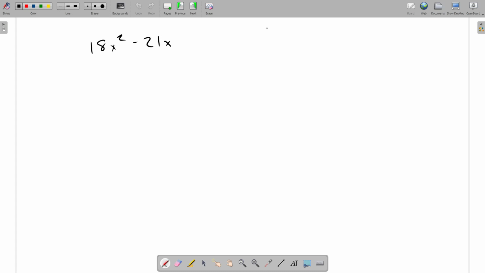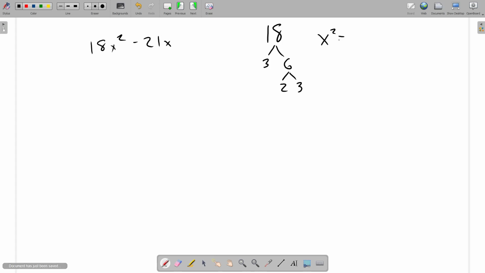So what I want to do is look at 18x squared. You know what, let's look at the 18 by itself, and let's do the prime factors of it. Let's do what we just did. 18 can be 3 times 6, and 6 can be 2 times 3. But this isn't just 18, it's 18x squared.